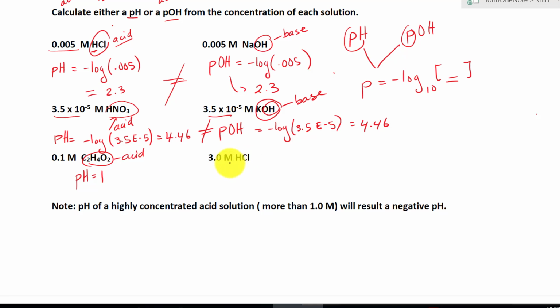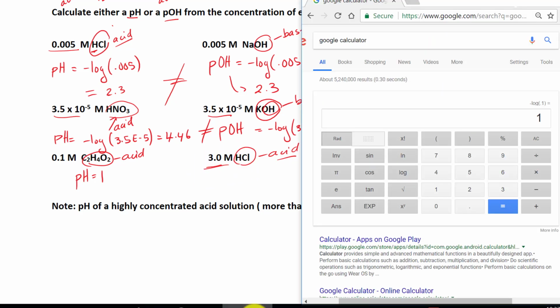Let's try another one where this one's a little bit tricky. Here I know HCl is an acid, but the concentration is extremely concentrated, and we're going to work with this concentration later in our class when we do a lab with hydrochloric acid. So now let's plug it into a calculator to see what happens when we have a solution that is highly concentrated. Negative log of 3. Look what happened. We have a negative pH.